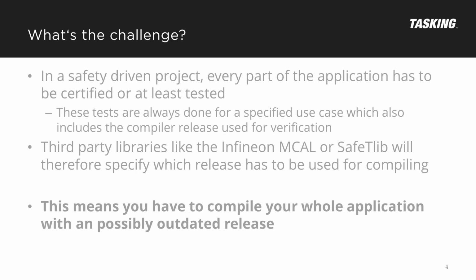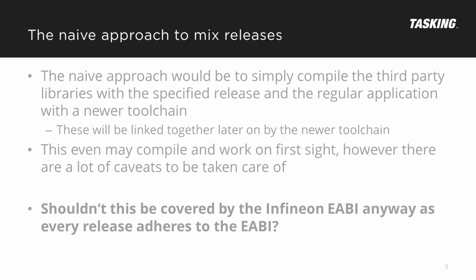This is the main reason why we thought, okay, we have to do something about it, because we're having newer releases, we want the customers to use it, but apparently they can't because they're stuck. So a few customers ask us, okay, we thought about why can't we simply compile the third-party libraries with the specified release, for example the 4.2 R2, and our regular application with the newer toolchain, for example the 6.1 or 6.0.